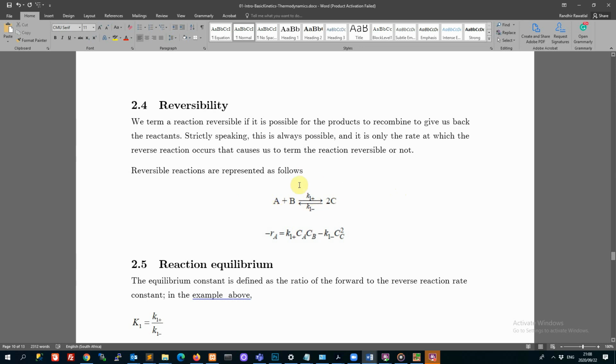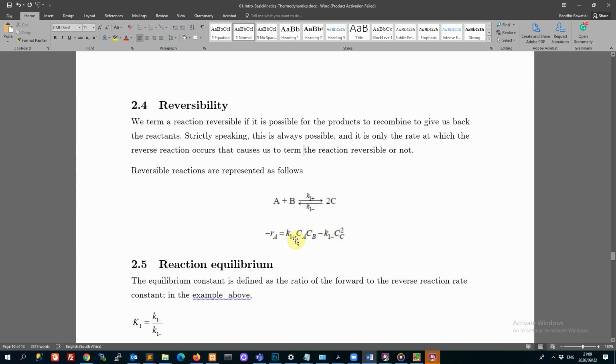So if the forward reaction and the reverse reaction are both elementary reactions, then clearly the rate of the forward reaction is k1 CaCb, and the rate of the reverse reaction is k1 minus Cc squared, where k1 minus signifies the reverse reaction.